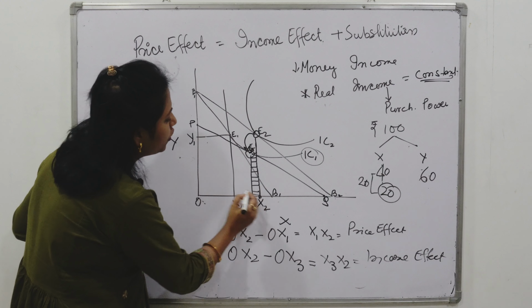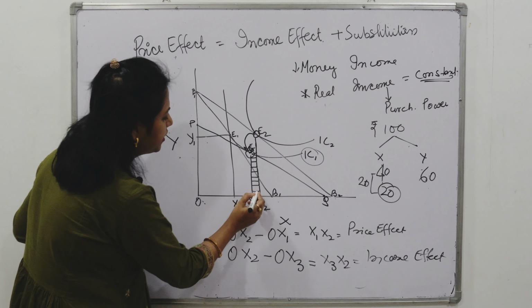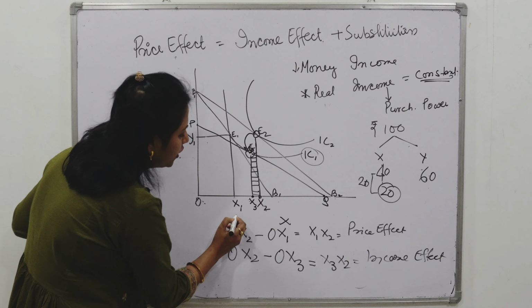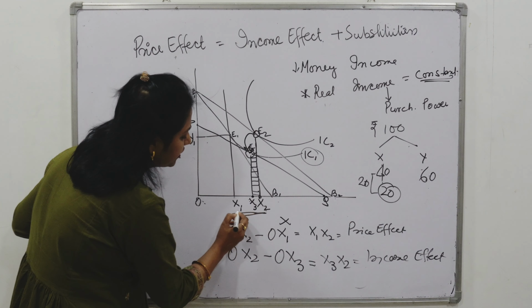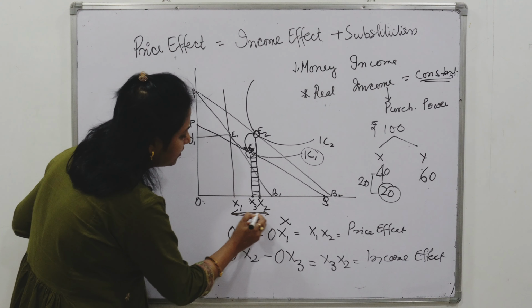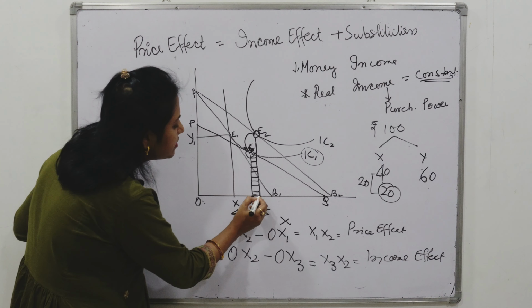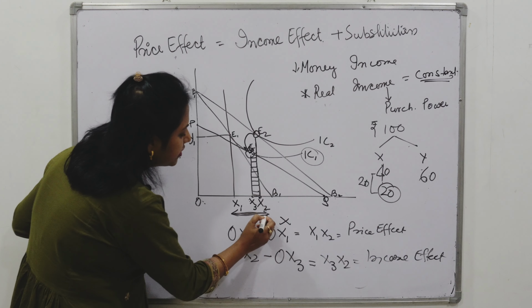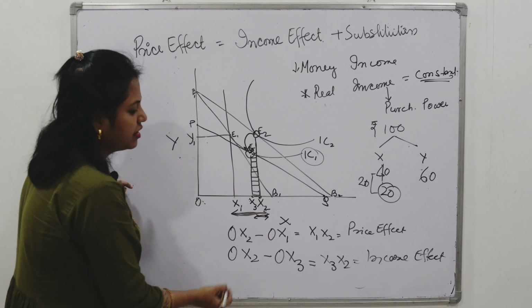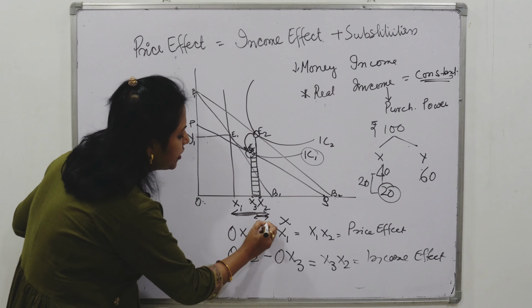This whole area was my price effect. Out of this area, this area is my income effect.